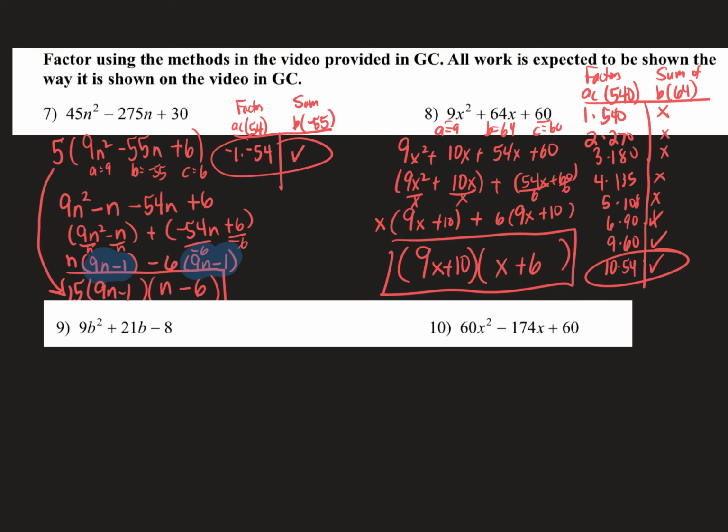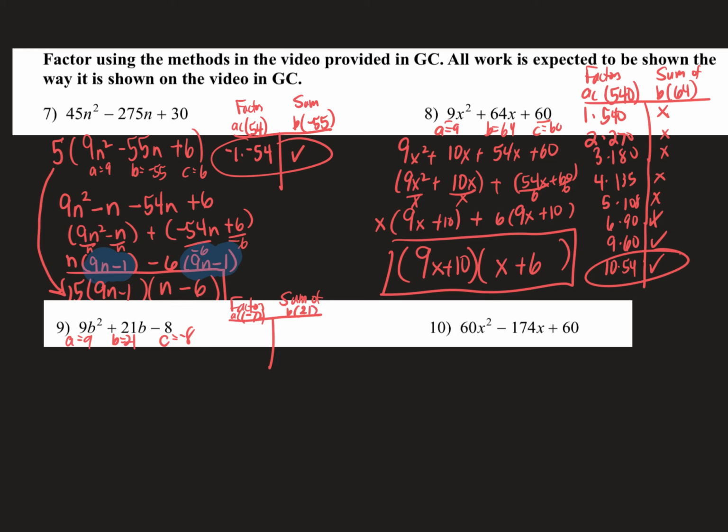Number 9, do I have a common factor? No. So then I know A is 9, B is 21, C is negative 8. I want factors of A times C, so factors of negative 72, that will give me a sum of B, which is positive 21.